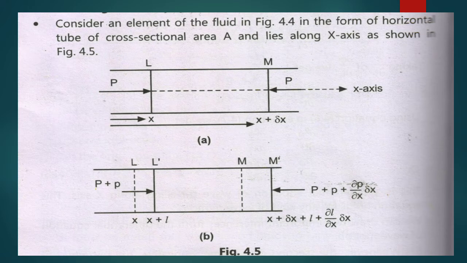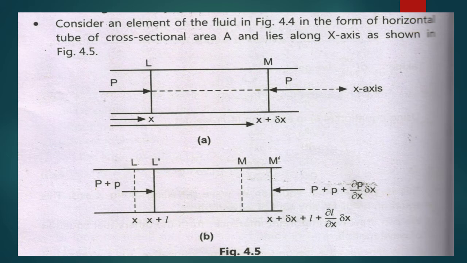Let the distances of the planes L and M be x and x plus delta x from the arbitrary origin O. Now the length of the element LM is x plus delta x minus x, which is equal to delta x.